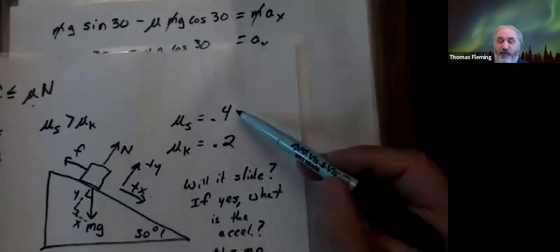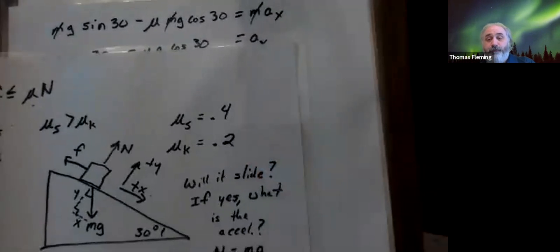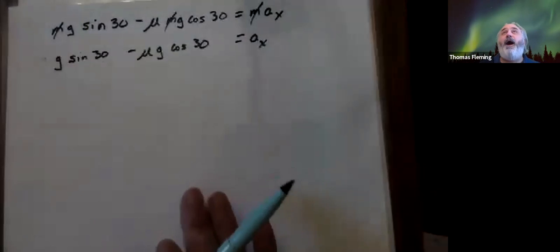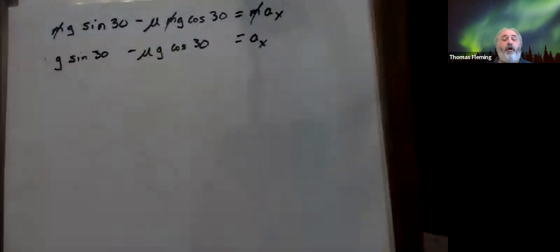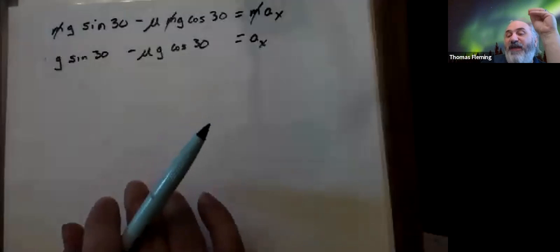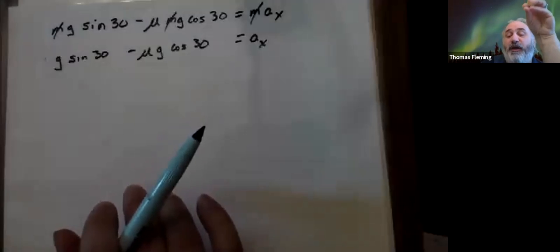The static coefficient of friction is 0.4. The kinetic coefficient of friction is only 0.2. So which of those 2 numbers am I going to use? Well, I'm trying to determine whether it slides at all. So if it doesn't slide, I'd be using static friction. So what I'll do is I'll use the static friction coefficient first and see if the static friction is enough to keep it from moving at all.